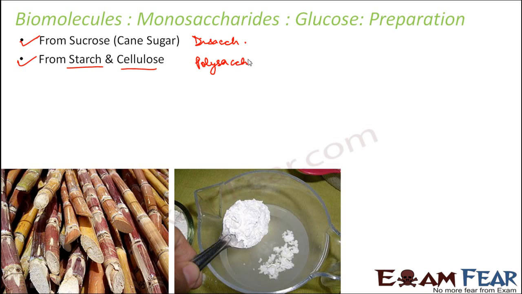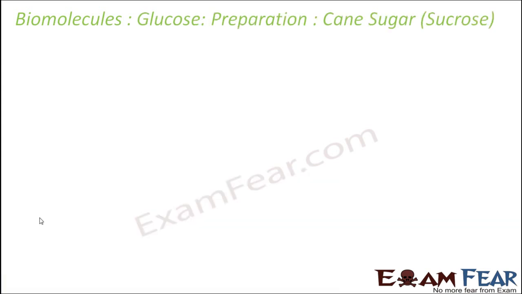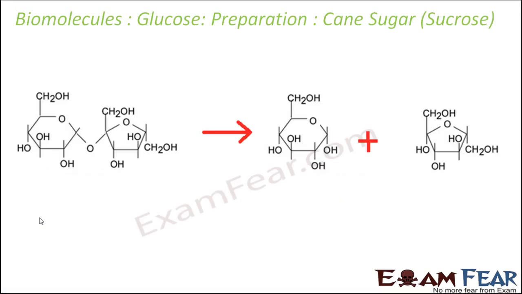Needless to say, glucose is prepared from each of them by the process of hydrolysis, where a disaccharide gets converted to monosaccharide, and polysaccharides also get converted to monosaccharide. Let us quickly look at the preparation of glucose from cane sugar, also called sucrose. This is sucrose, which has two monosaccharide units.